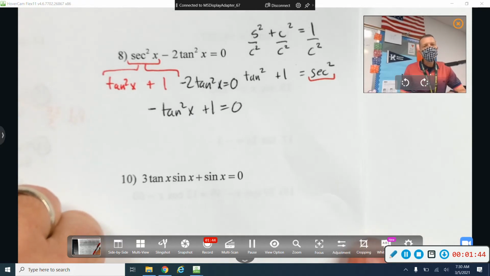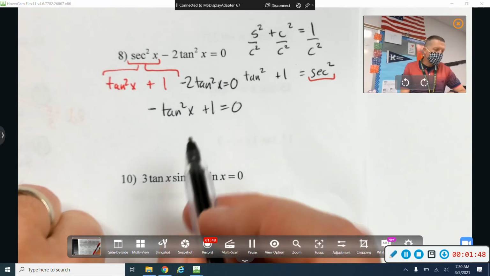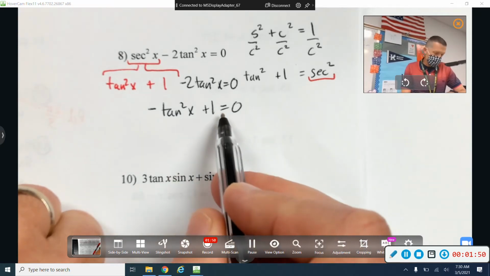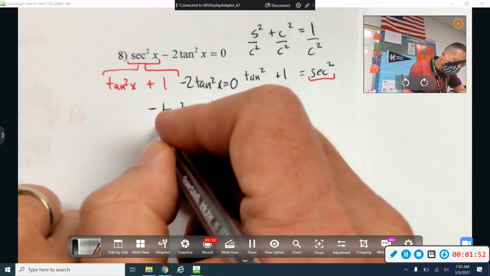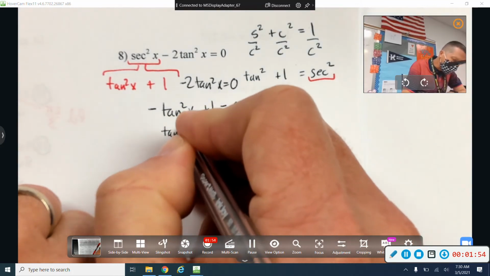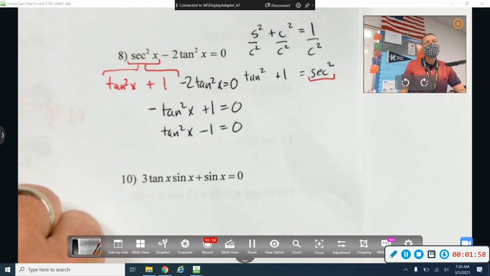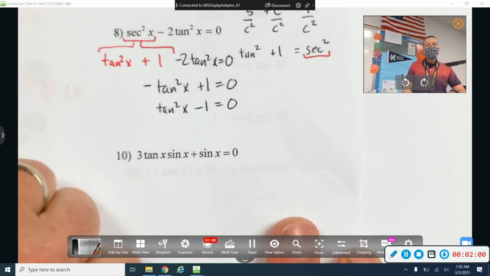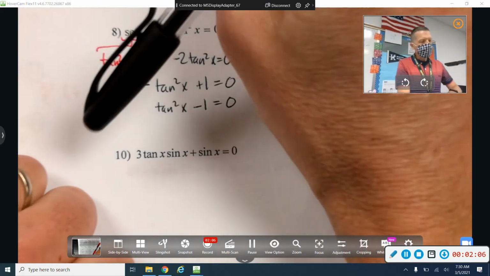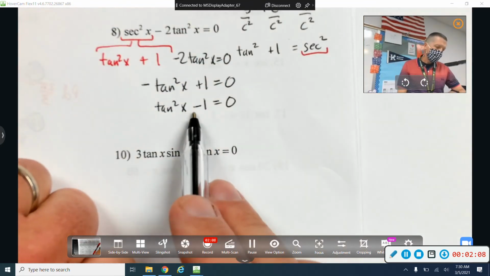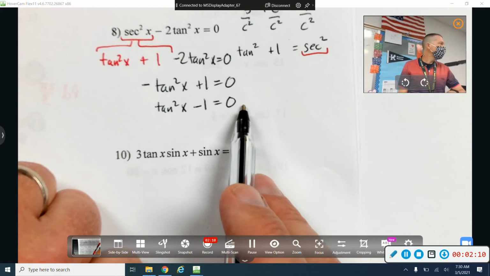Let's see, we've usually been factoring these. So I can factor it, or I can move the 1 over. Well, either way, let's multiply by negative 1, get rid of the negative there. Tangent squared x minus 1 equals 0. Now I have two options. I can factor that, or I can move the 1 over and square root both sides.